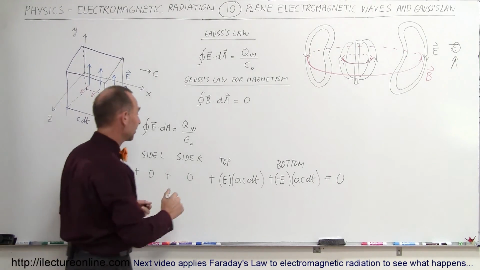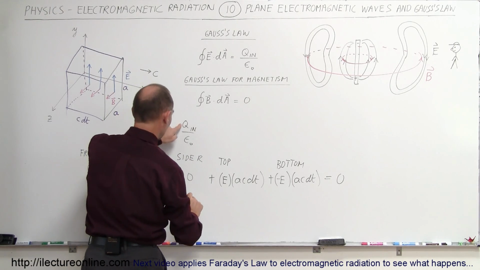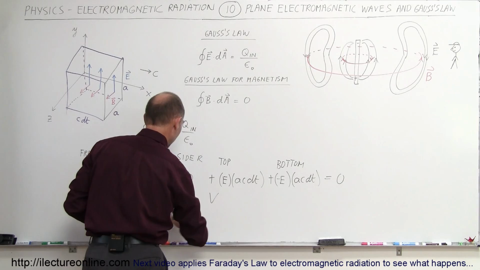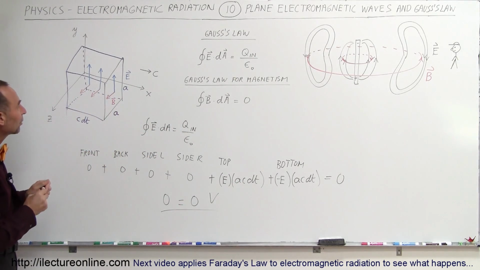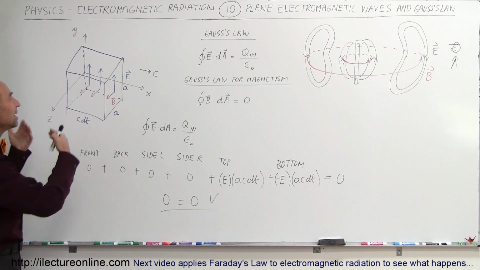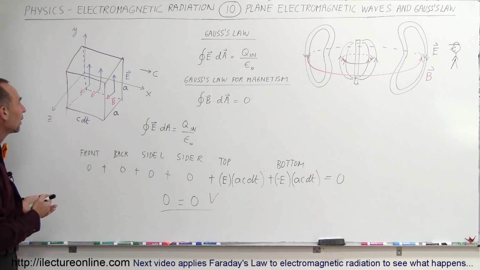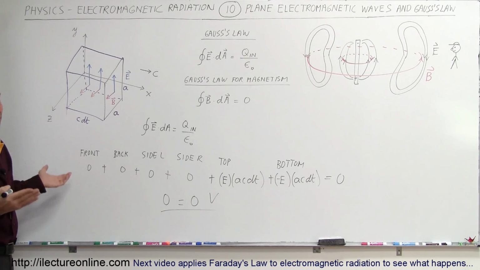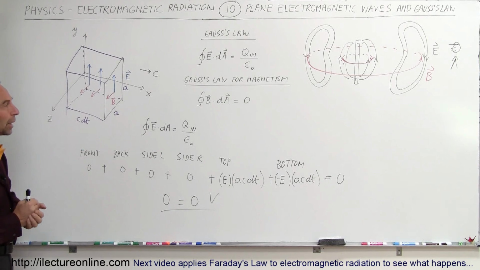Therefore, we can say that 0 equals the Q inside, which is 0, and so Gauss's law holds true for electromagnetic radiation in this format. It meets all the requirements for Gauss's law, no violations anywhere, but it doesn't tell us anything. All it tells us is that there's no charge inside, so we're good to go.